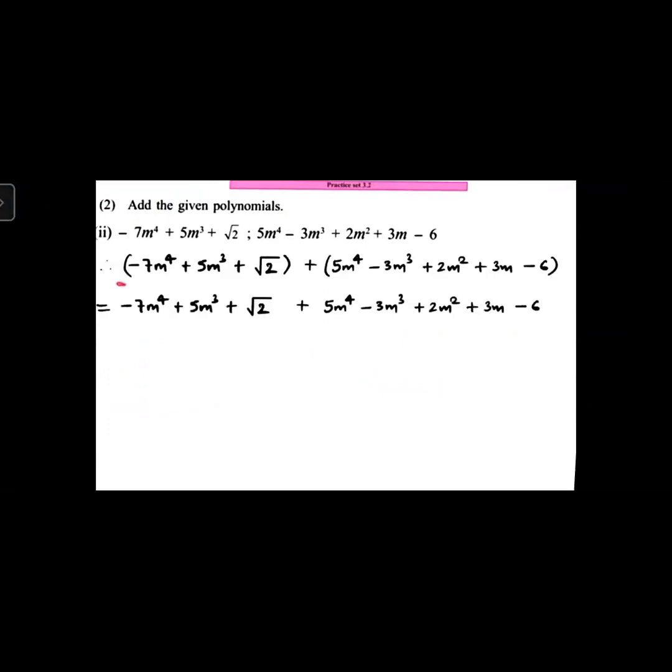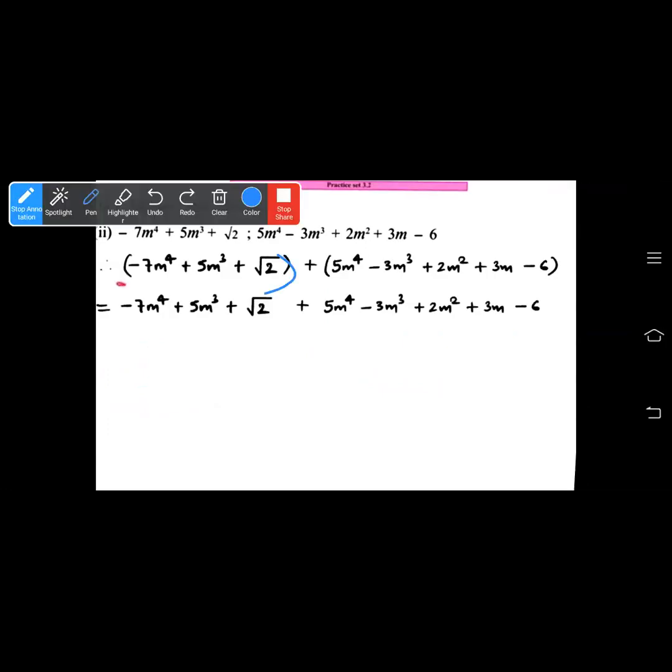Next question: minus 7m raised to 4 plus 5m cube plus root 2, and m cube plus 2m square plus 3m minus 6. Now write an addition sign in between, then open the bracket as it is.